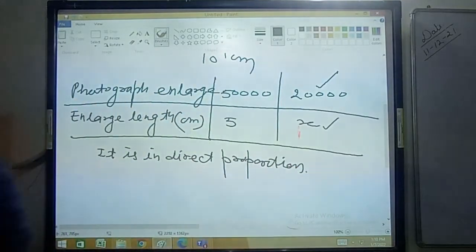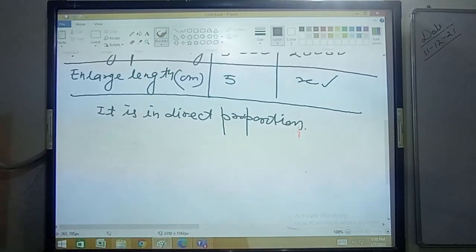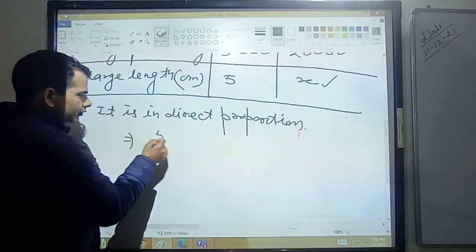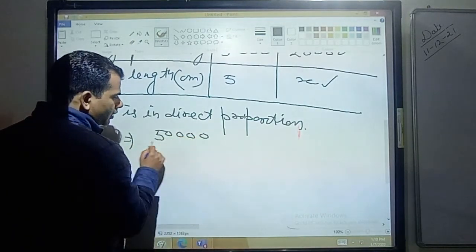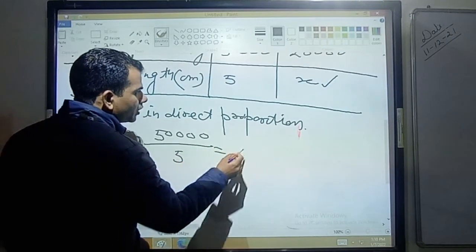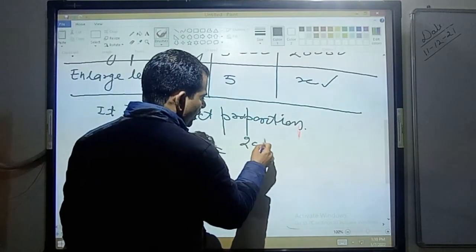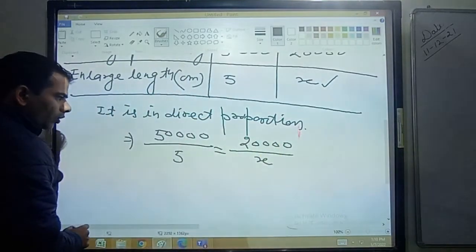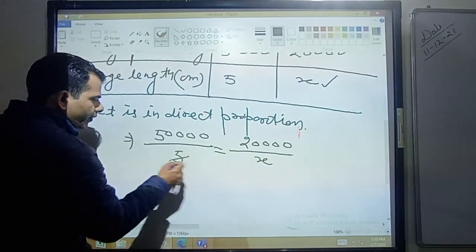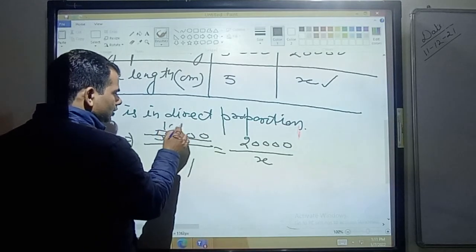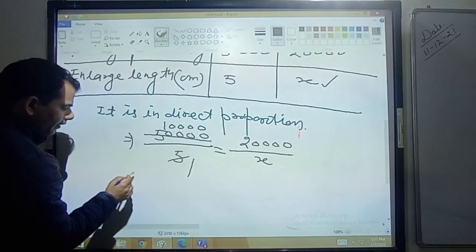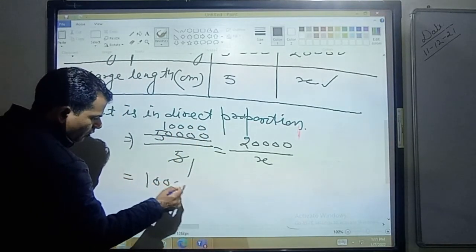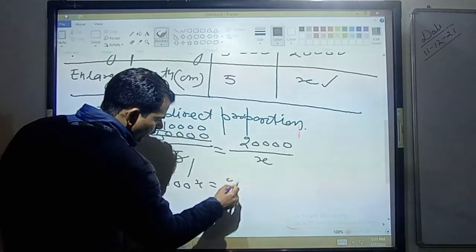If it is in direct proportion, now 50,000 by 5 is equal to 20,000 by x. Now 10,000 x is equal to 20,000.